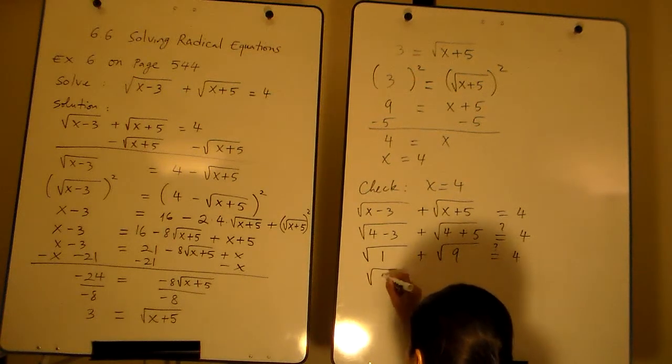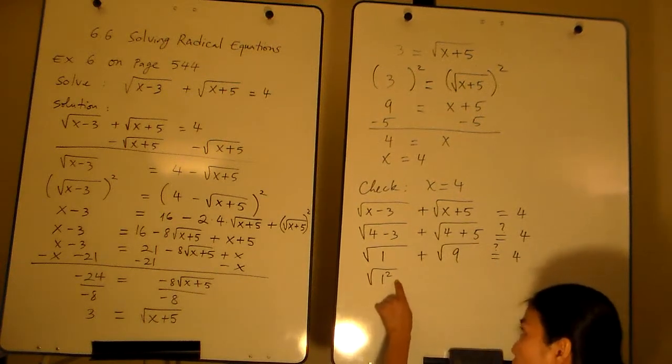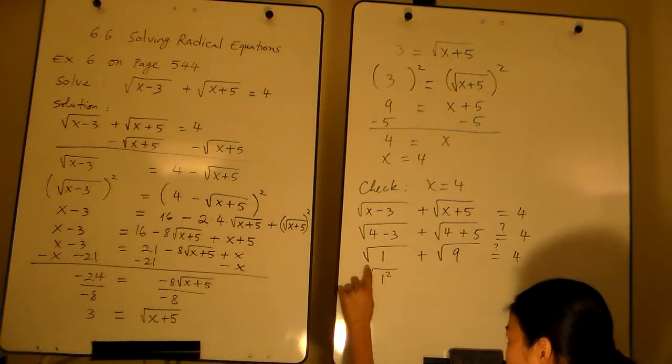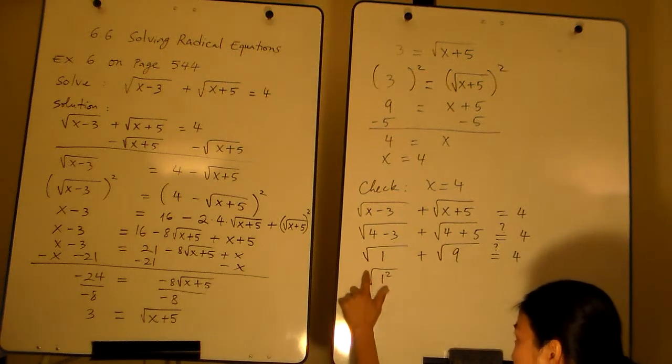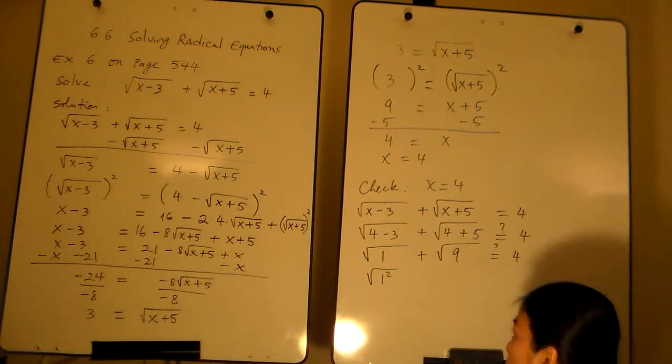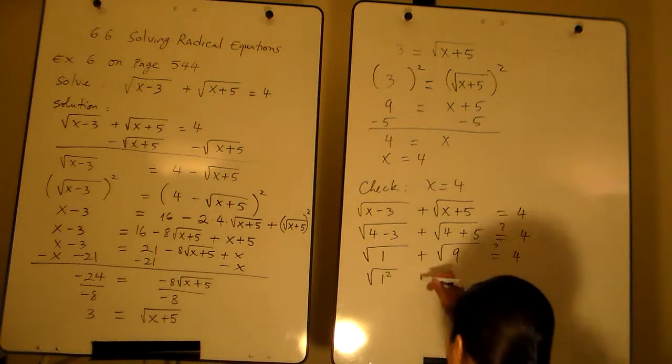You can rewrite this 1 as 1 squared, because 1 squared is 1. The reason I'm rewriting this is so that I have the exponent match the index 2 right here, because this is a square root. That means I can bring this 1 outside the radical and simplify it.